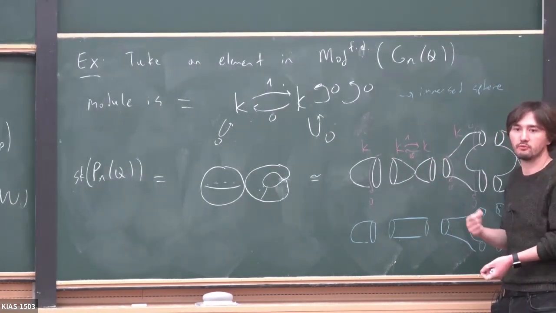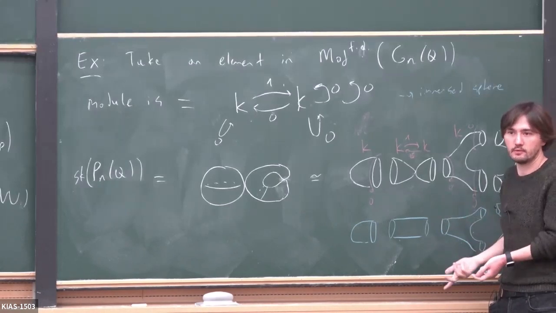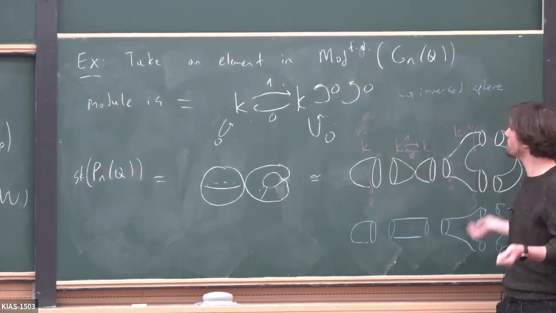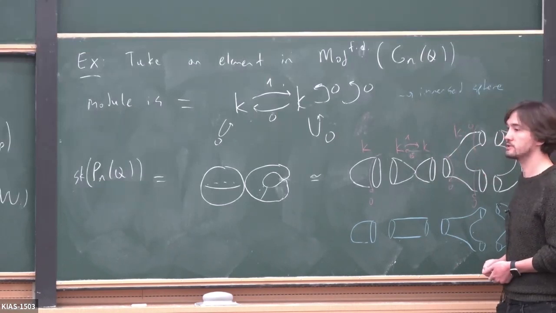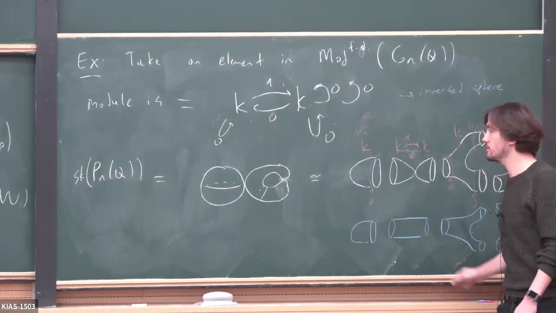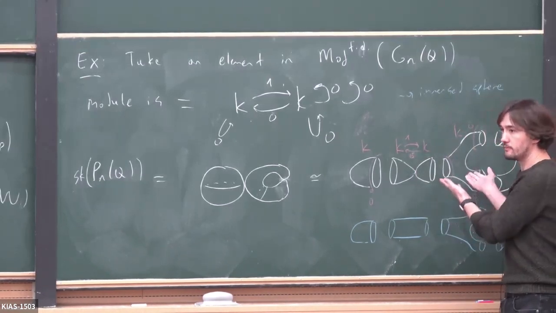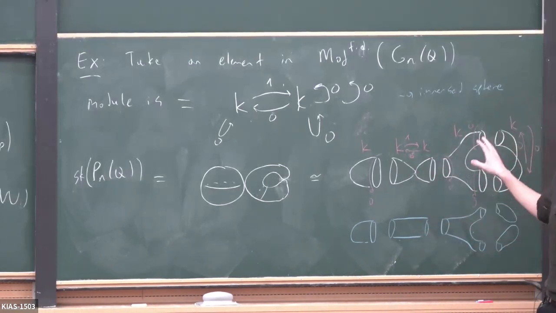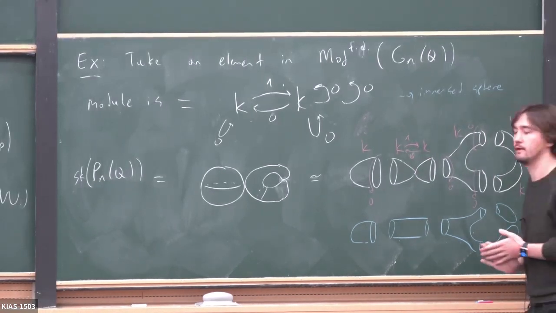There are some tricks which I had no time to show, but then you show they generate all Lagrangians. But again, this is also how you construct the geometry of the Lagrangian from the quiver representation. Okay, I stop here. Thank you.